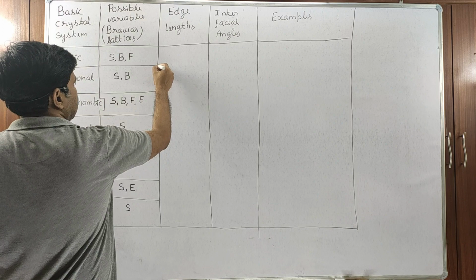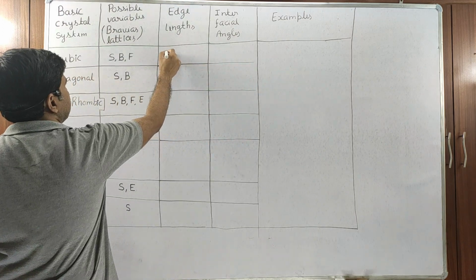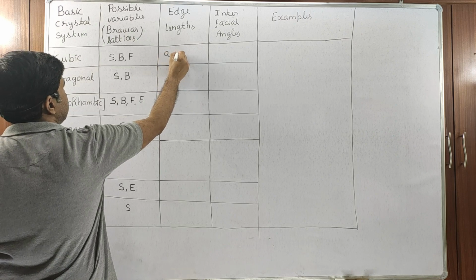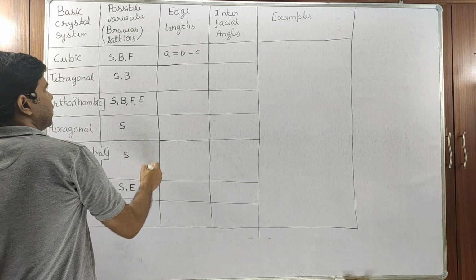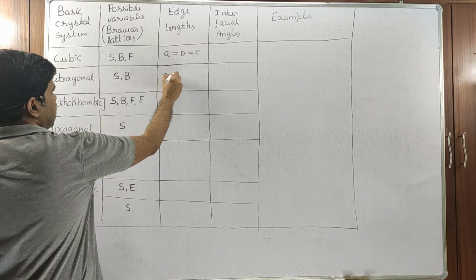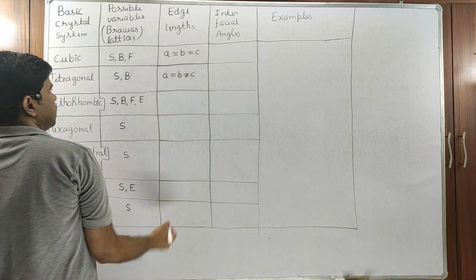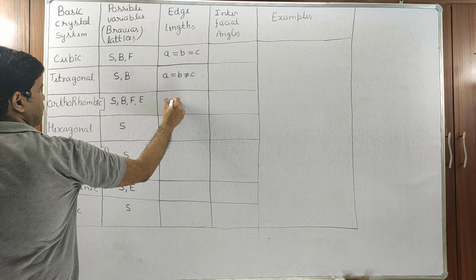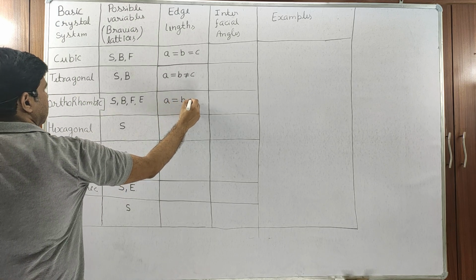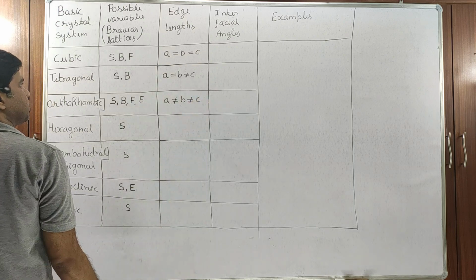Now the edge lengths. Students, in the cubic, a is equal to b is equal to c. In the tetragonal, a is equal to b but b is not equal to c. In the orthorhombic, a is not equal to b, b is not equal to c.